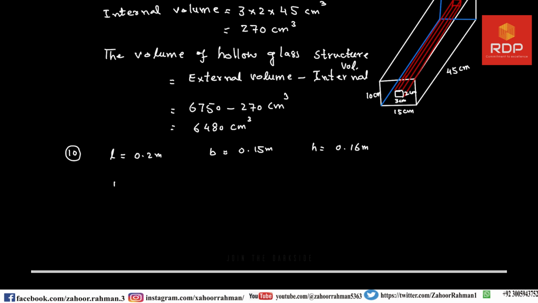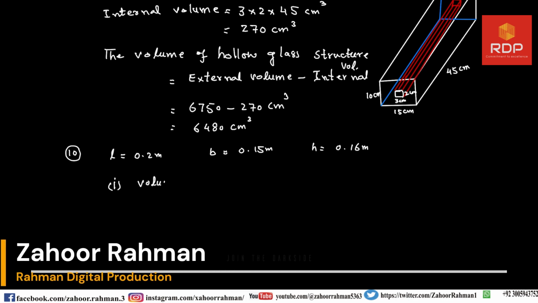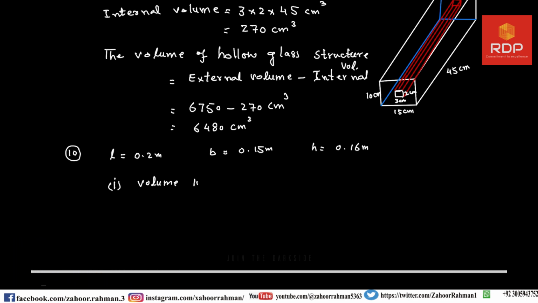Part one, they are saying that find the volume of water in the tank, giving your answer in liters. That is important. So we have to find the volume in liters.